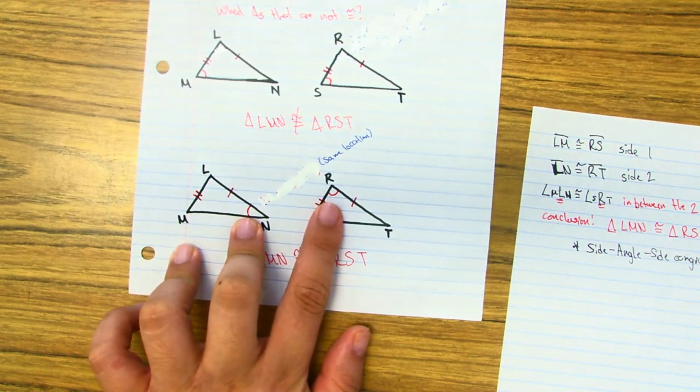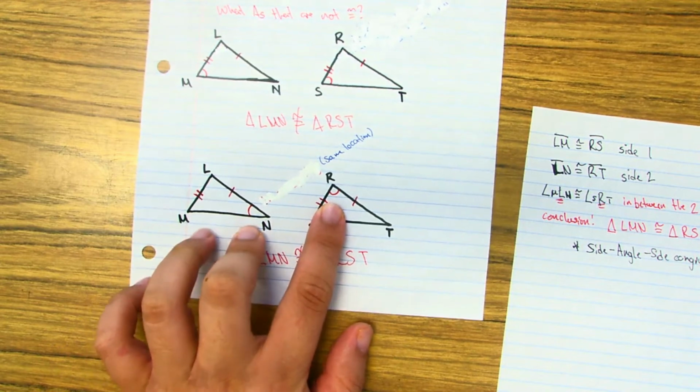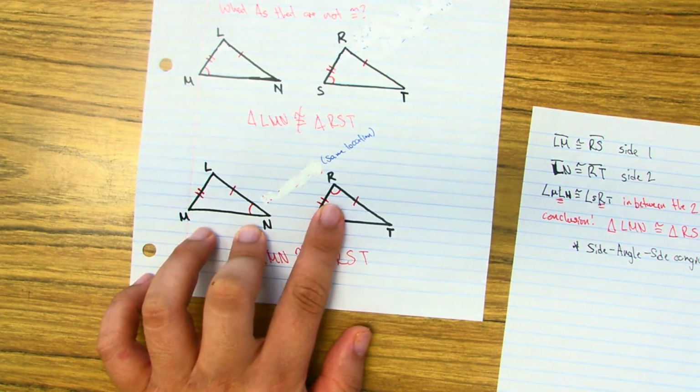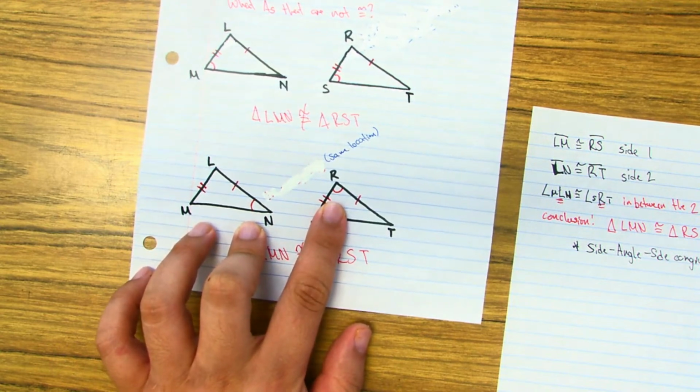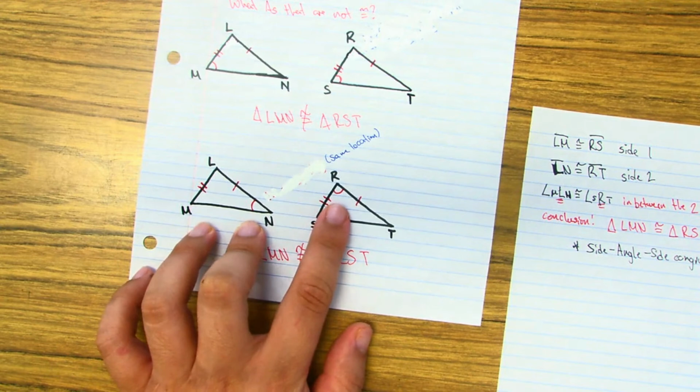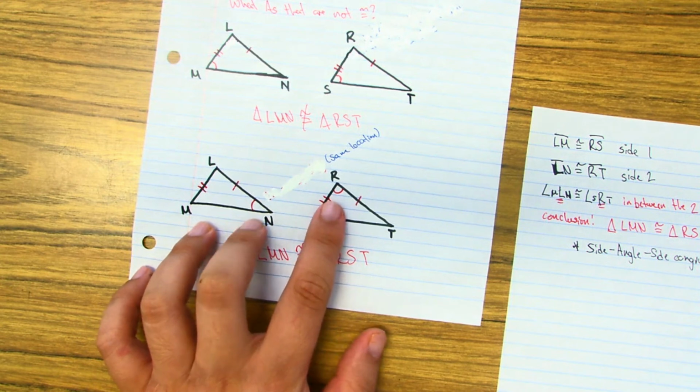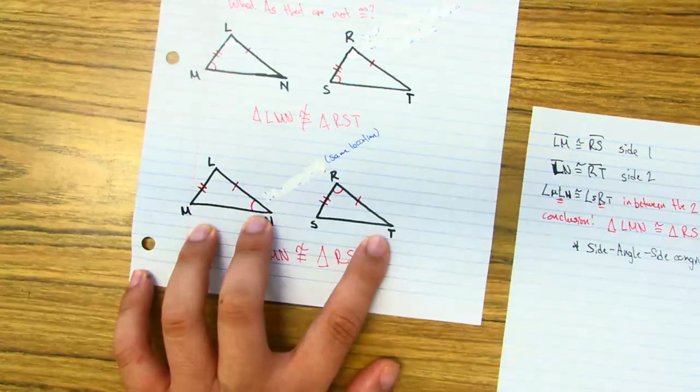And this is a common question that the textbook gives, or if you're going to be given an assessment, this is a common question that you'll be given, where you just have to be observant of why these two angles are congruent, right? They're not even in the same location or corresponding, right?